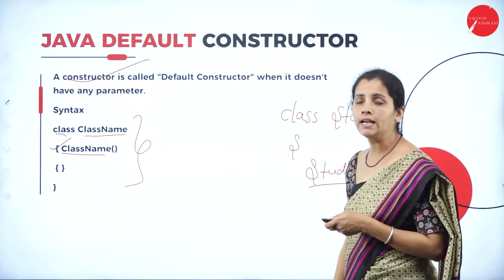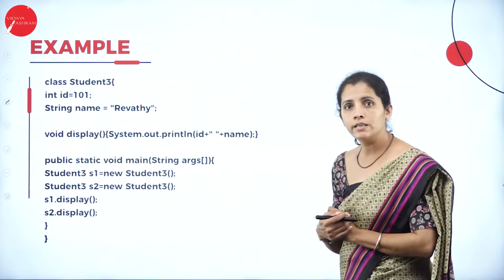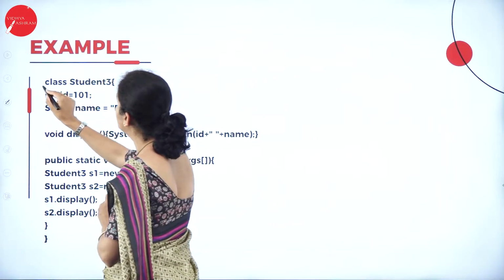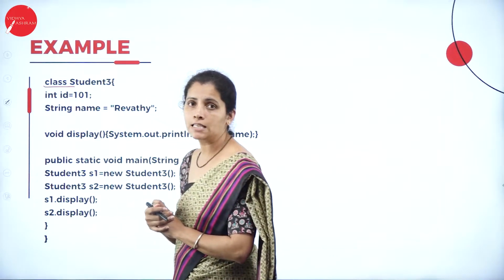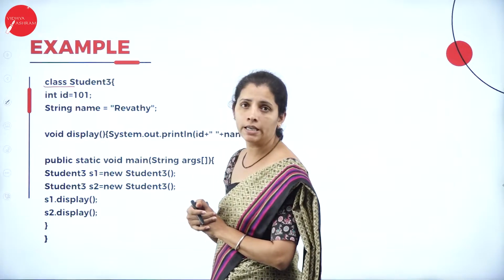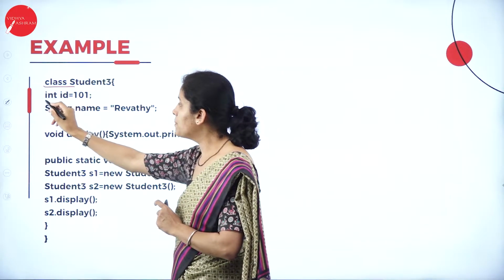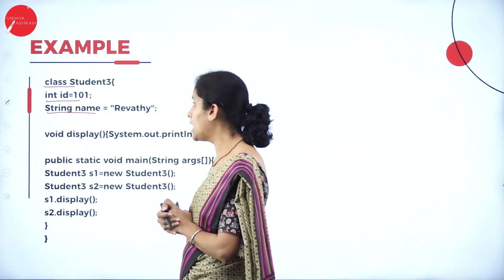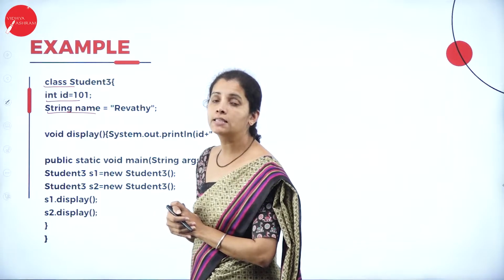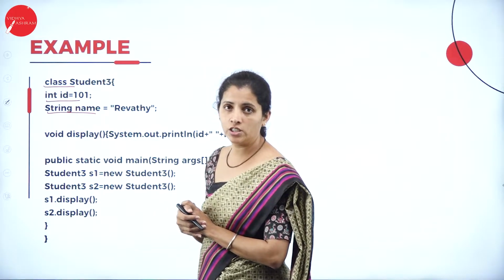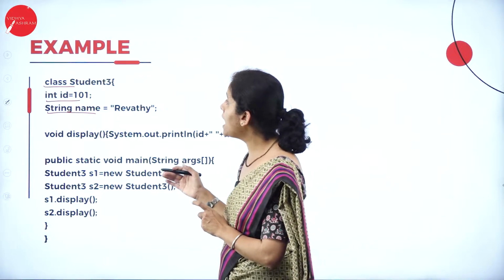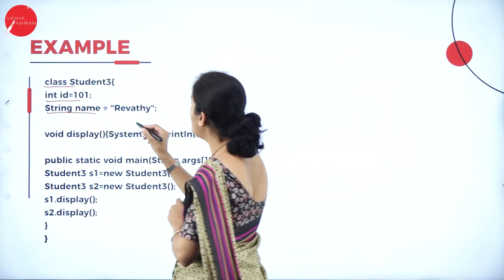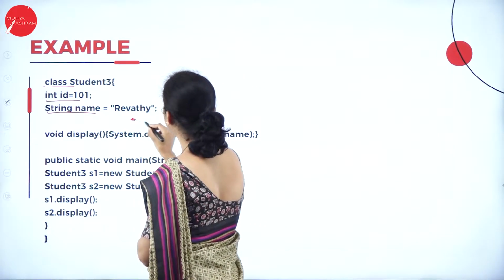Anyway, dear student, let me consider a simple example here. Think that I have a class called student3. Inside this, I'm going to have two fields: name of the type string and ID of the type integer. Now, this is the program to illustrate a default constructor. How am I going to write the default constructor?